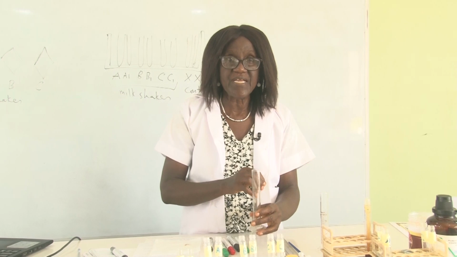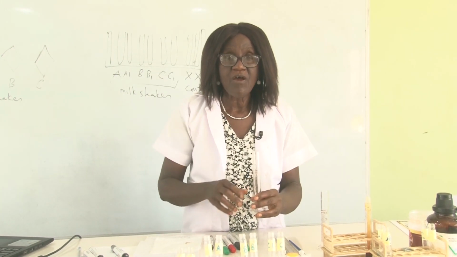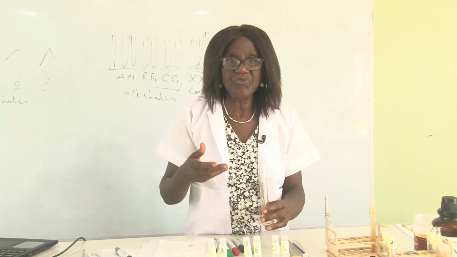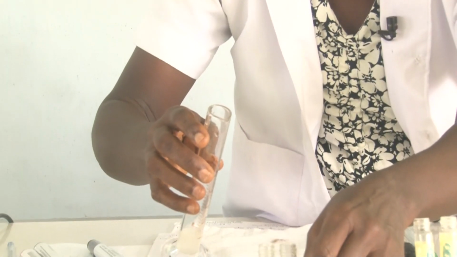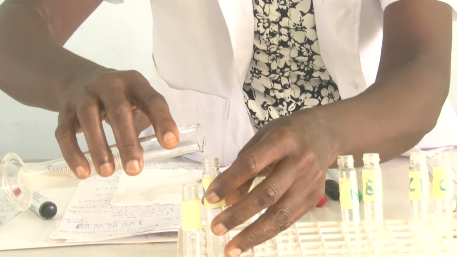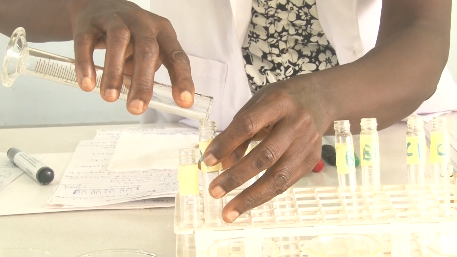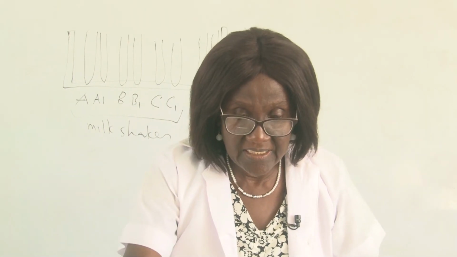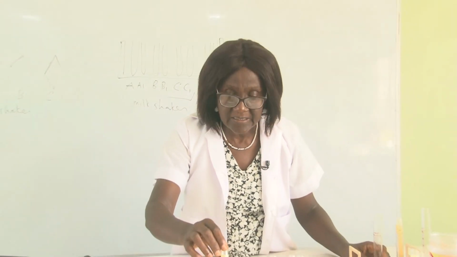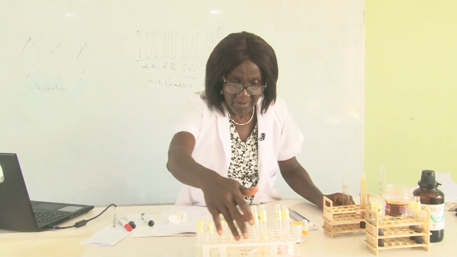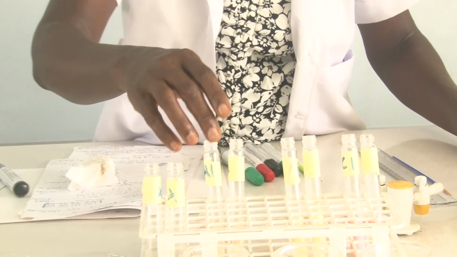And so the student put 5 ml of the corn juice into X. Good.